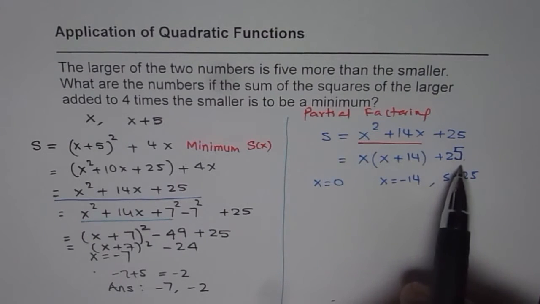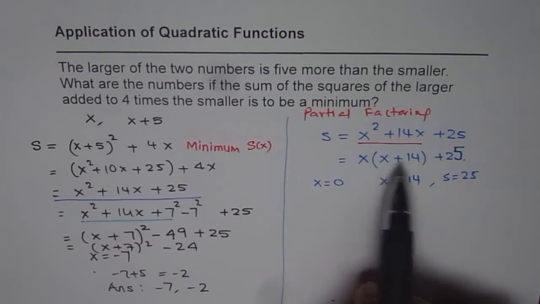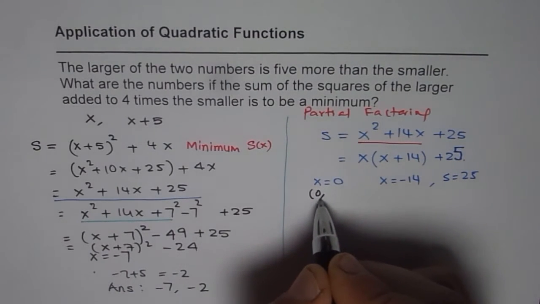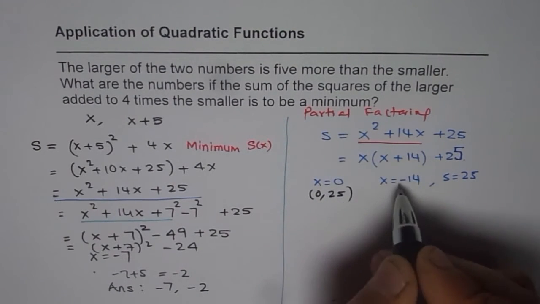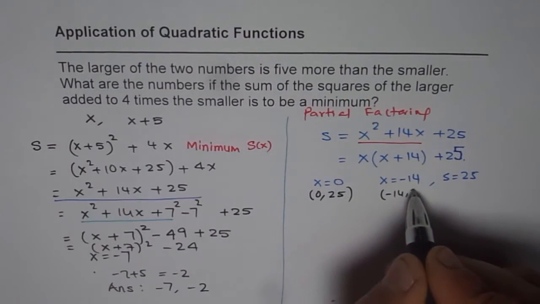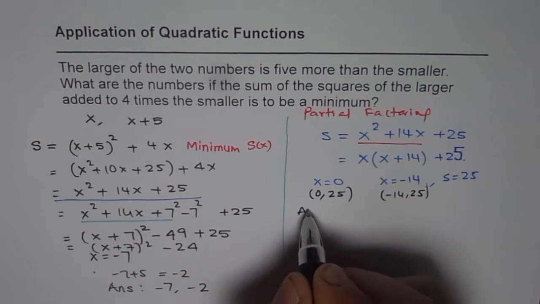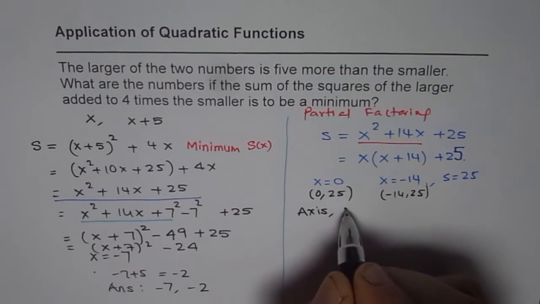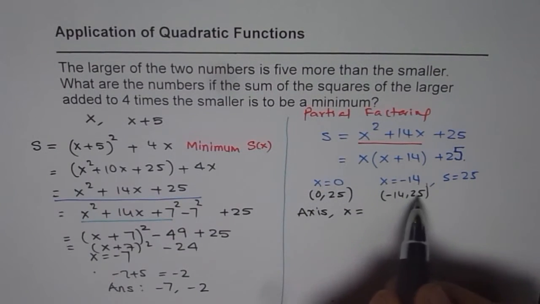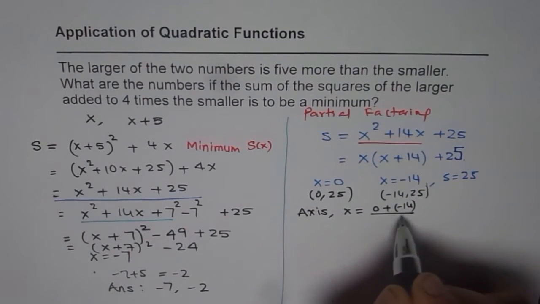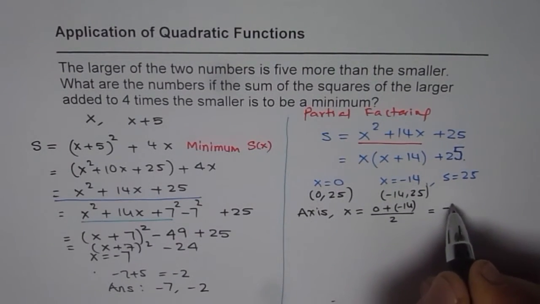If x is 0, you get the y-intercept, and that is the image point of the y-intercept. So the y-intercept is (0, 25), and the image is (minus 14, 25). Right at the center we have the axis of symmetry. So the axis is at x equals the average of these two, 0 plus minus 14 divided by 2, which gives us minus 7.